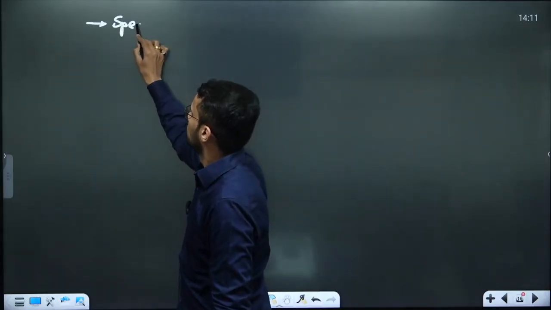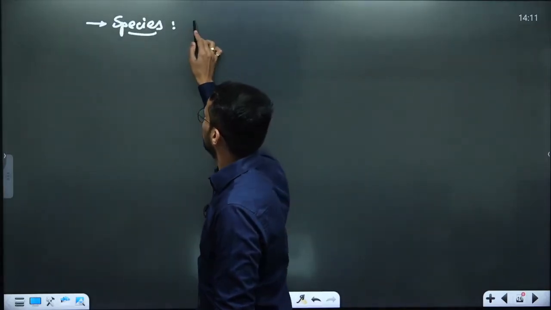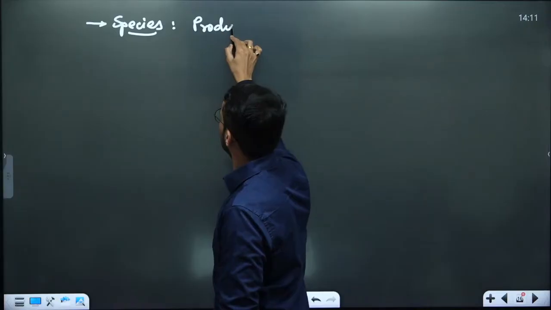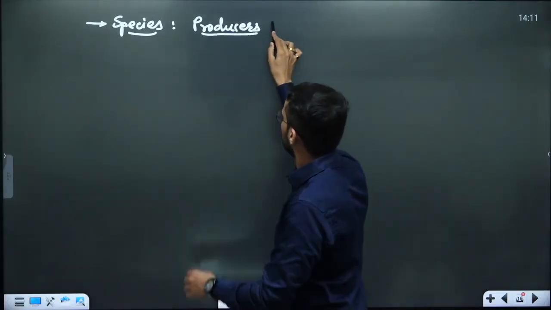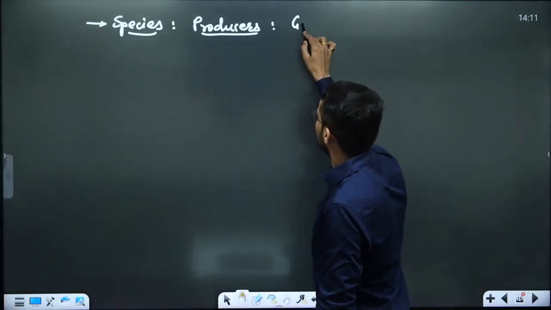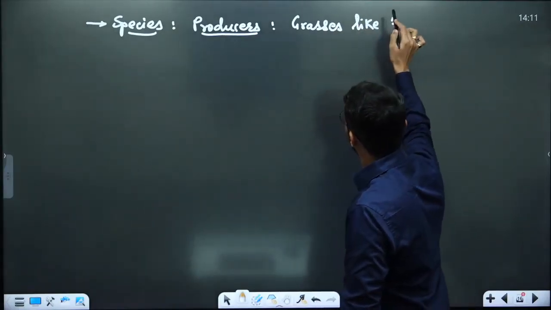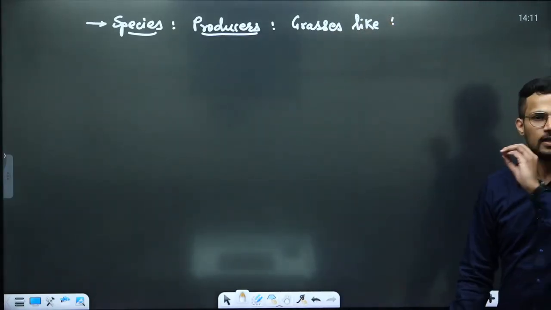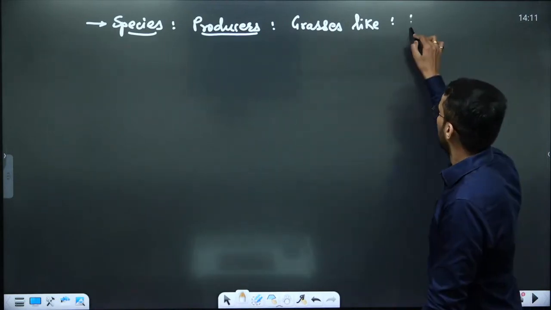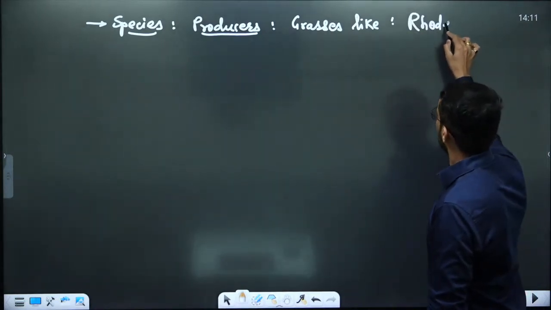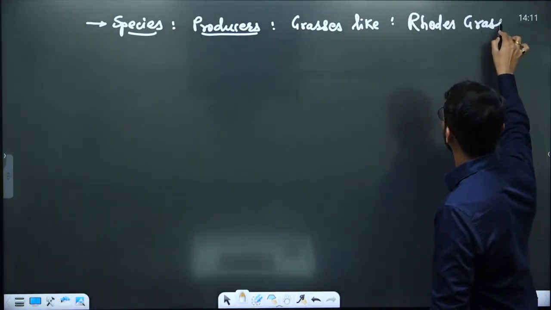Species. Which species are there? Producers. Grasses like, again, names are not important. Rhodes grass.